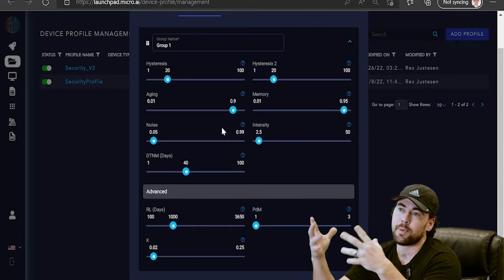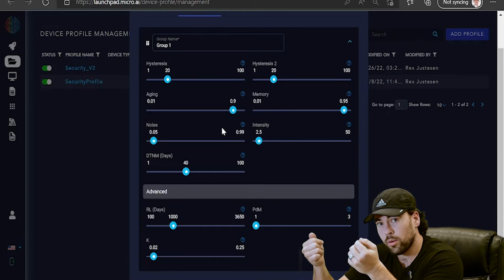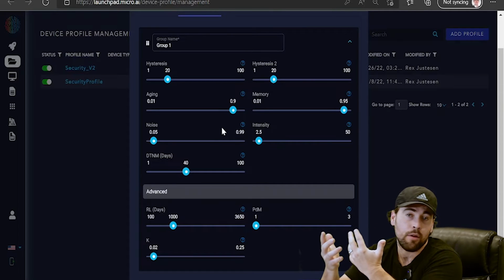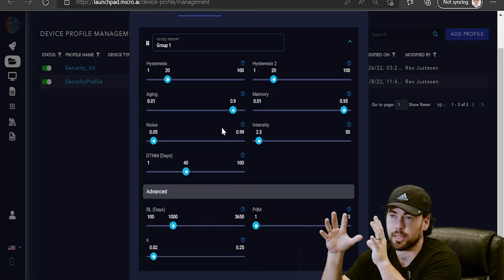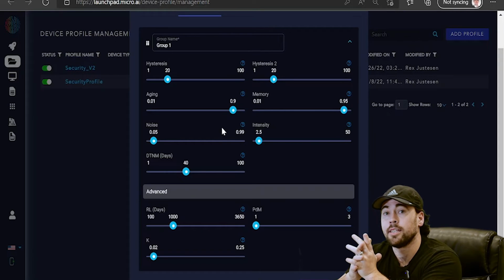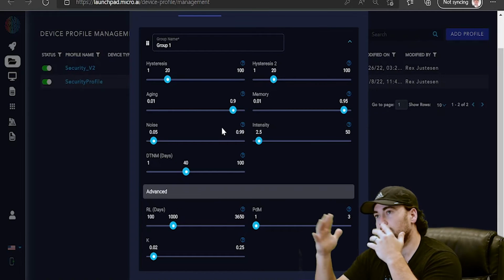So you expect that there may be some things that are considered normal that the AI may detect as a positive alert. So it's something that happened that caused an alert or caused an anomaly detection. And so if you know that, you can increase the noise.